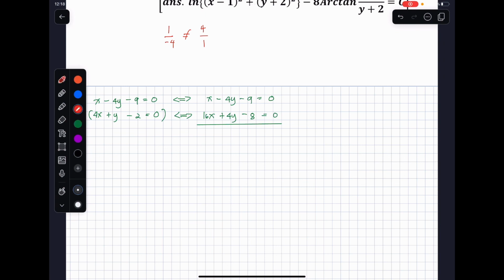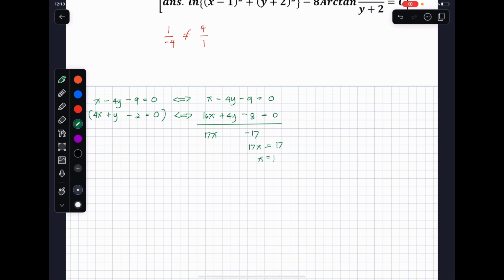And we're just going to simply add the two equations. So x plus 16x is 17x. And then negative 4y and positive 4y, that will be 0. So negative 9 and negative 8, that is negative 17. So therefore, 17x is equal to positive 17.